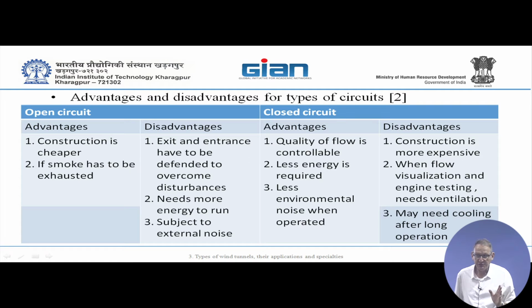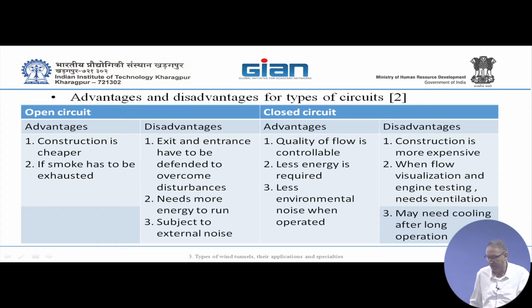So once you think of an open loop, you better think of where to put it, find a window in the place so you can blow the air outside. Then you get a big advantage. The disadvantage is that it will have disturbances. It'll be disturbed by the incoming air if it's not a quiet environment.